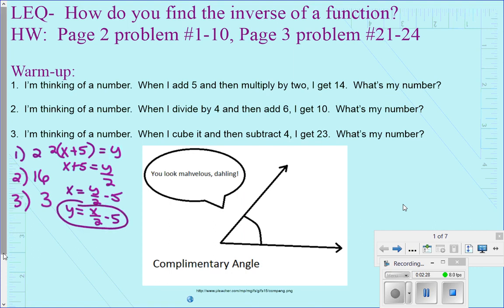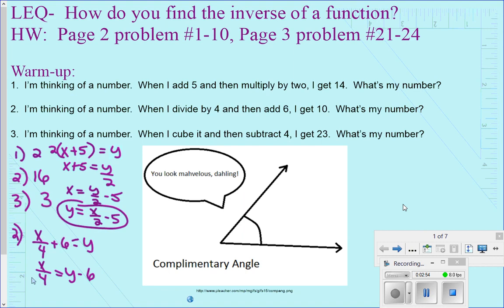So then number 2, writing the equation, when I divide by 4, so x over 4, and then plus 6 equals, in this case, 10, but in general equals y. So if I want to solve that for x to get the inverse, I'm going to first subtract 6.